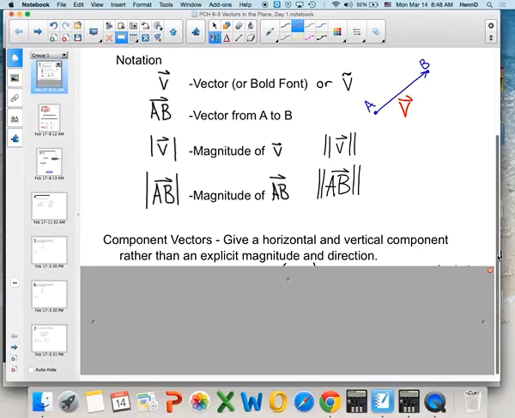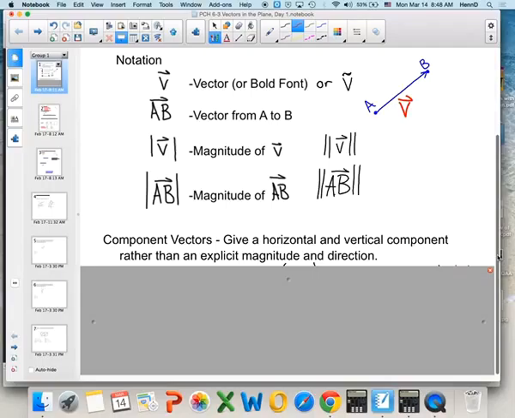Or I could break that into horizontal and vertical components. I could say I'm going 4 miles an hour towards the east and 3 miles an hour towards the north, and combined those two velocities, the horizontal and the vertical components of the velocity, would give us the same thing as if I said we were going 5 units at an angle of 53.1 degrees.